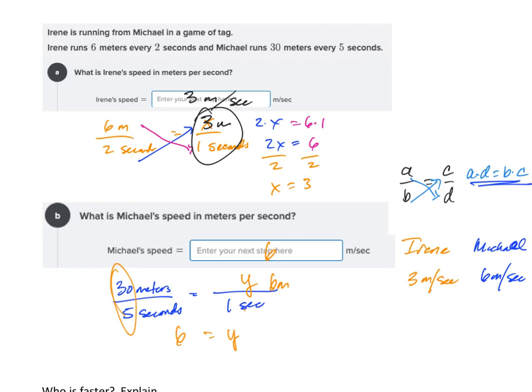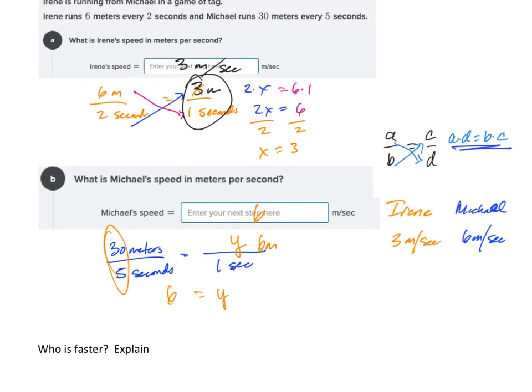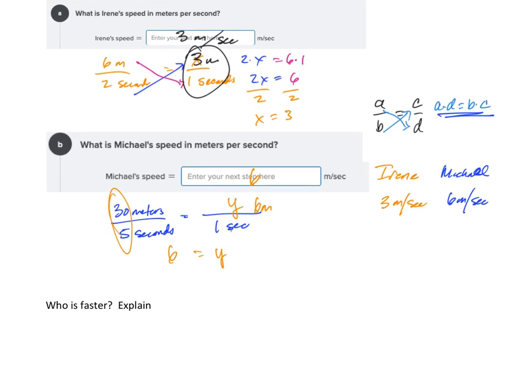And the question is, who's the fastest? So why don't you pick one and let's see if you know what you're doing. Okay, we're going to pause it for a minute. Okay, and so hopefully you said that Michael's the fastest because he moves the most meters in 1 second. And that's why we use unit rates, to be able to compare things, okay?